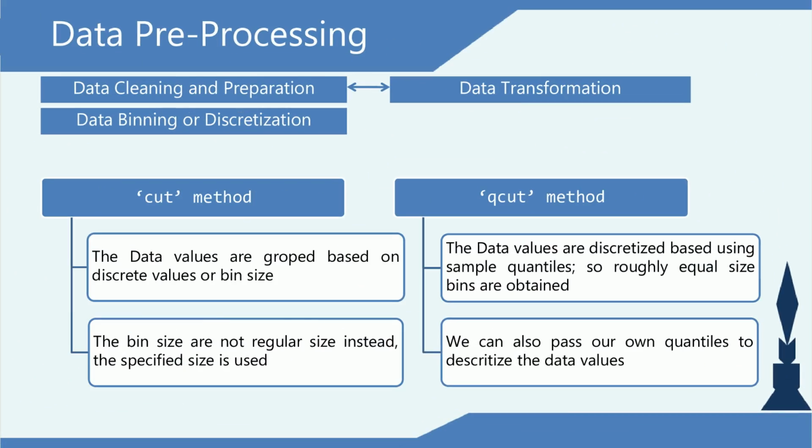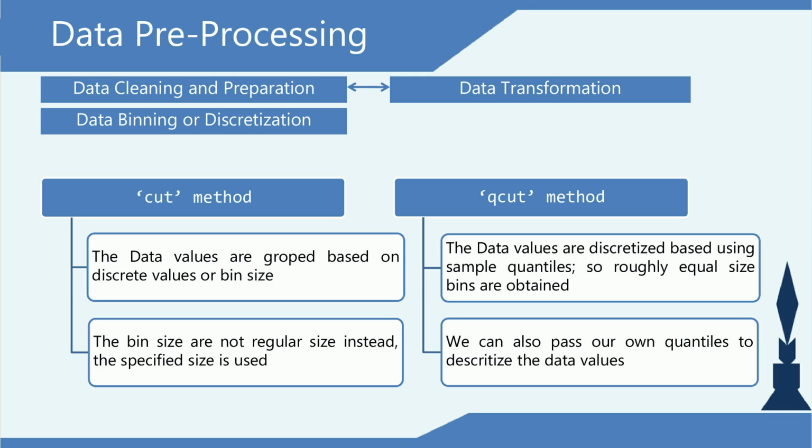Continuous data is often discretized or otherwise separated into bins for analysis. For this, we can use the cut and qcut methods of Pandas. In the cut method, the data values are grouped based on the discrete values or bins. We can also pass our own bin names by passing a list or array to the labels parameter of the cut method.